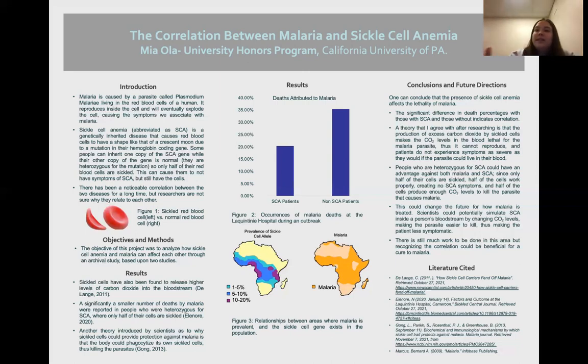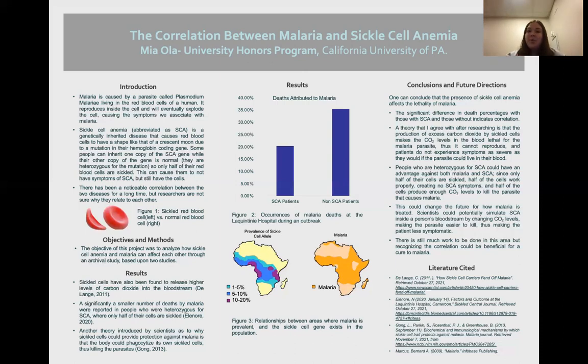So this heterozygous model could also be used to understand why malaria can be fought against essentially with these cells. And it can also be used to maybe make treatments for malaria and keep your blood healthy, with these half-sickled cells preventing against malaria, but also keeping the rest of your blood healthy with normal red blood cells.